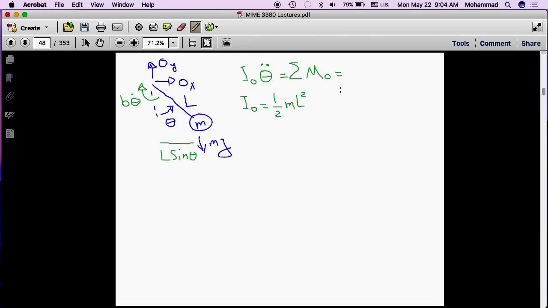So what is the moment then? The distance is L sine theta, and the force is mg. So that's the first moment: mg L sine theta, or L sine theta mg. Now what is the sign of this moment?